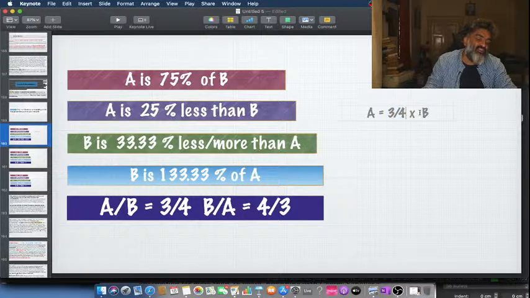So this equation now can be read as A is 75%, because this equal to sign means 'is' only, A is 75% of B.